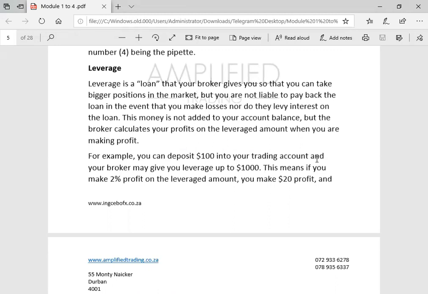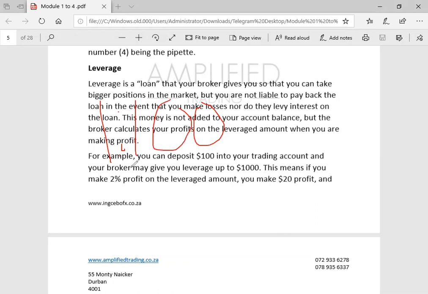You don't have to pay this loan back. They just allow you to use it to generate more profits, and you actually get to keep the profits.